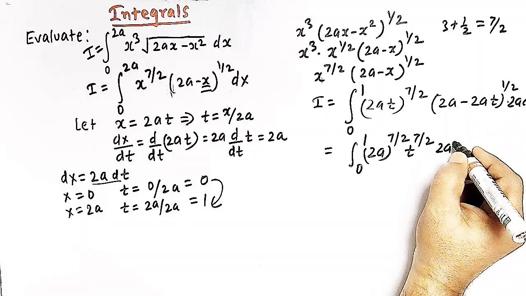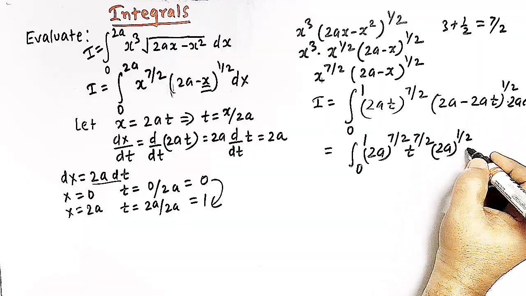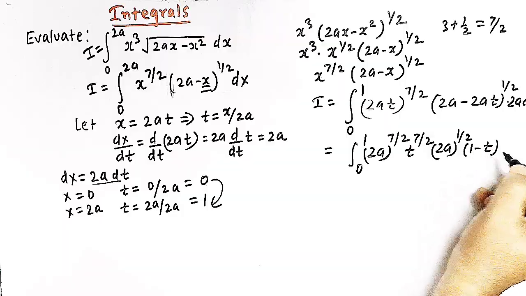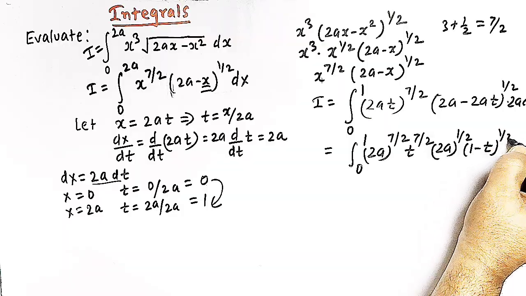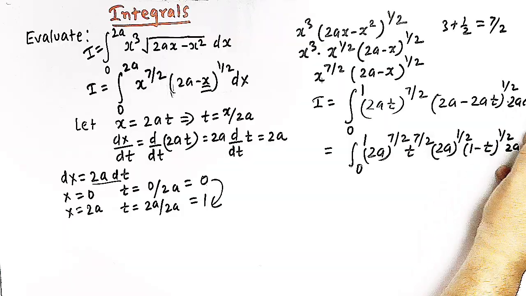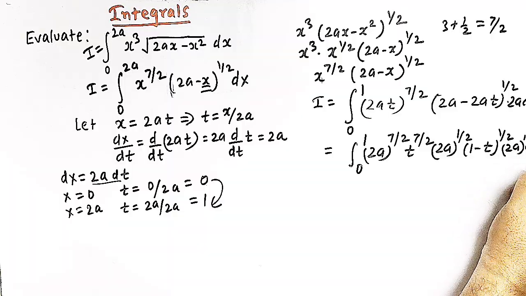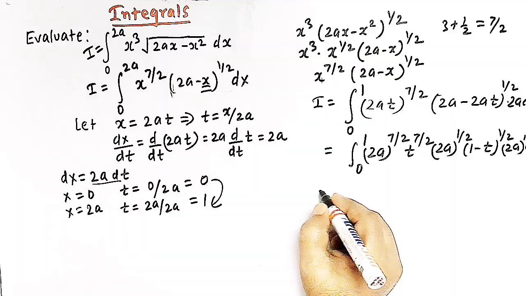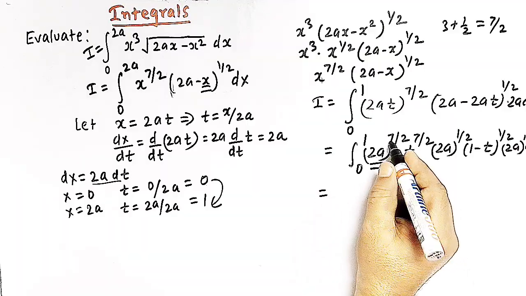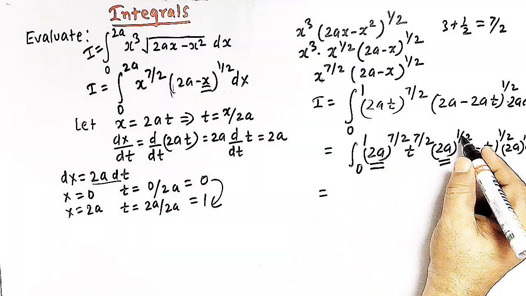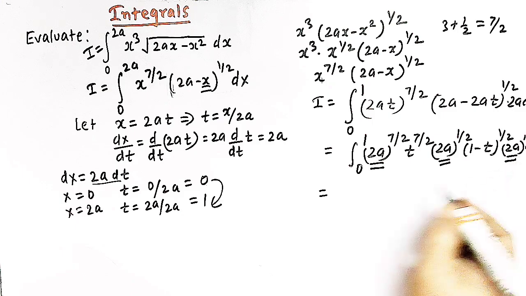So we have 2a raised to half, and 1 minus t raised to half, and 2a dt, that is 2a raised to 1 dt. Now we have 2a raised to 7 over 2, 2a raised to half, and 2a raised to 1.